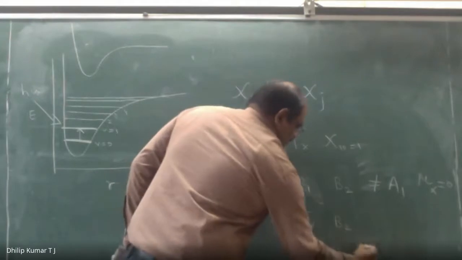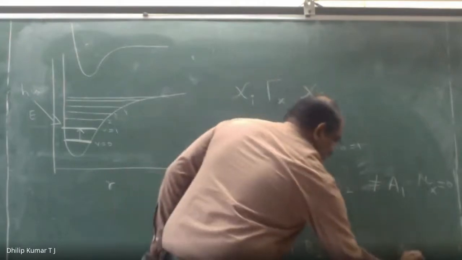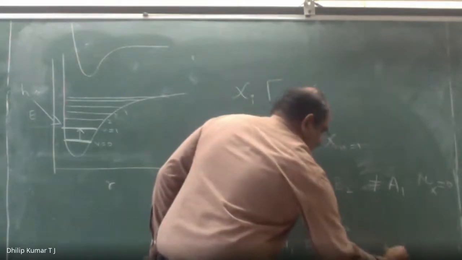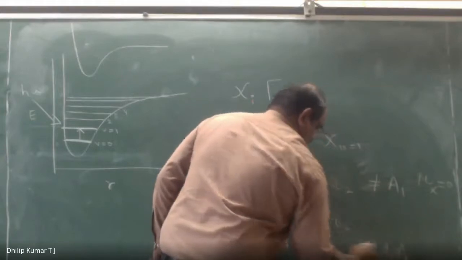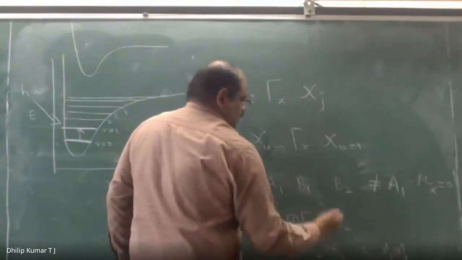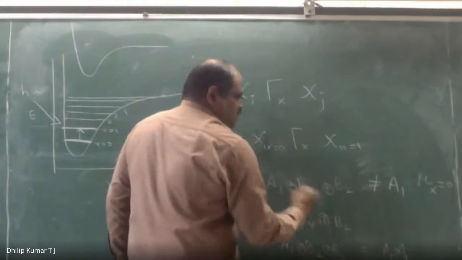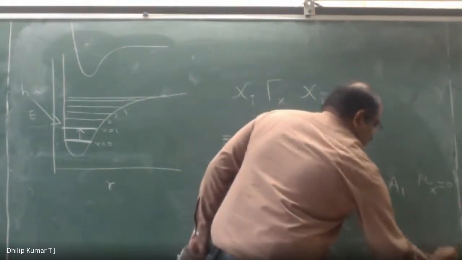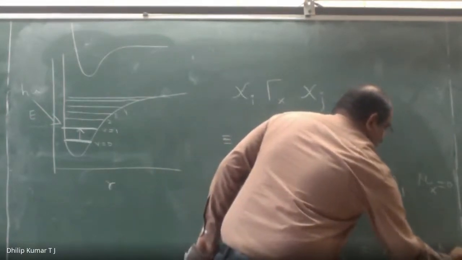So this will result in B2 times B2 equal to A1, again A1. I'm just putting the direct product. So this will result in A1. Here mu y will be non-zero.